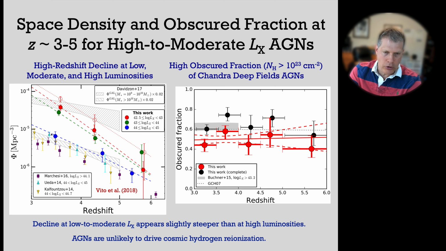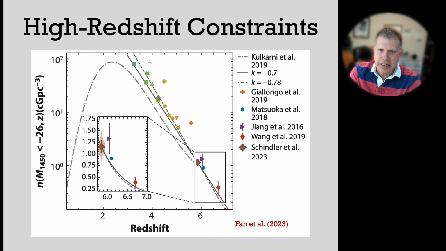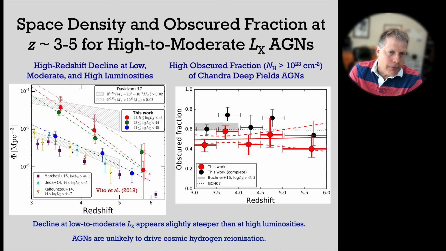And you can see there's a clear decline as you push to high redshift, broadly consistent with what is seen from the wide field optical infrared surveys. And if anything, as you go to lower luminosity AGN systems, the decline gets faster than it does at high X-ray luminosities, indicating that indeed the whole population, ranging from very luminous systems to moderate luminosity systems to low luminosity systems, is indeed rapidly declining as you push toward high redshift. Again, you can see this is an order of magnitude or more type effect we're talking about.